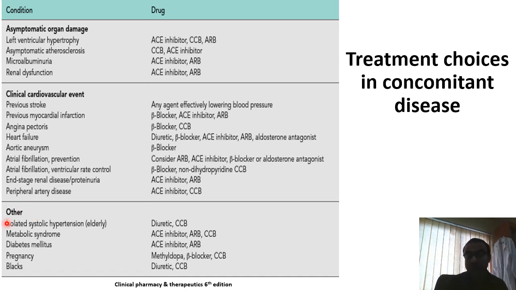In treating isolated systolic hypertension, you remember this one? This will increase with age and poor prognosis. In this case, we have diuretic and CCB as highlighted. So it is another way of understanding and highlighting how the treatment choices can be different according to the concomitant disease condition.